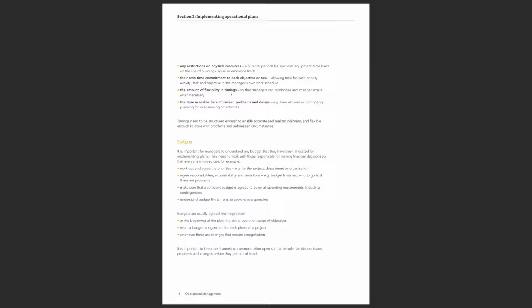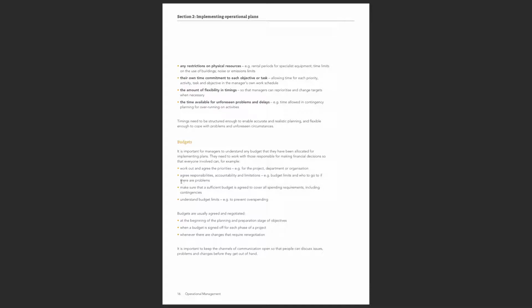An important action is the budget. It is important for managers to understand any budget that they have been allocated for implementing plans. They need to work with those responsible for making financial decisions so that everyone involved can work out and agree on the priorities, for instance, for the project, department, or organization.